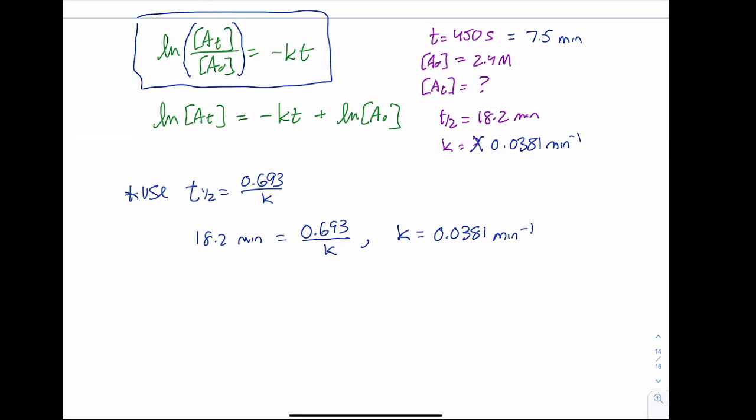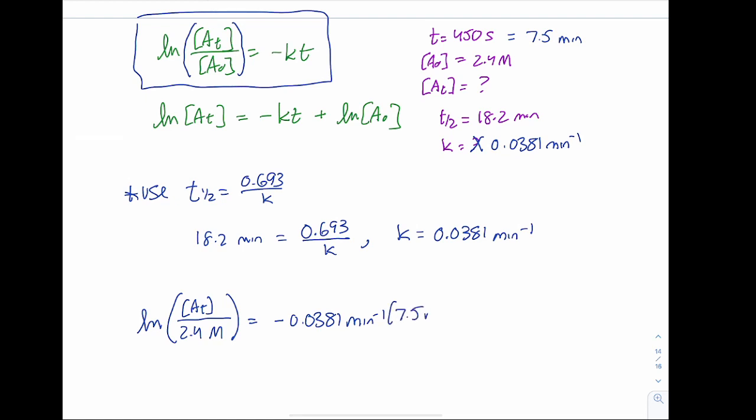So plugging everything in, I have the natural log of my unknown over 2.4 molar. And again, that's in parentheses, negative 0.0381 minutes to the negative 1 multiplied by 7.5 minutes. So unit-wise, my minutes are going to cancel here.